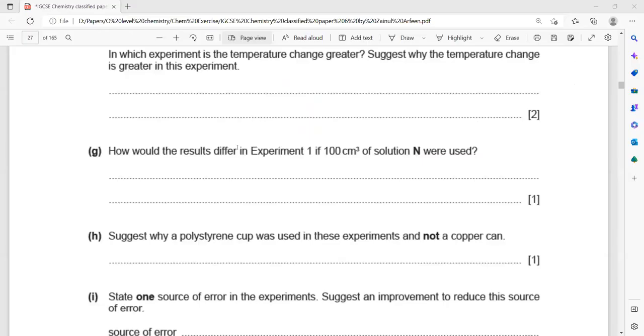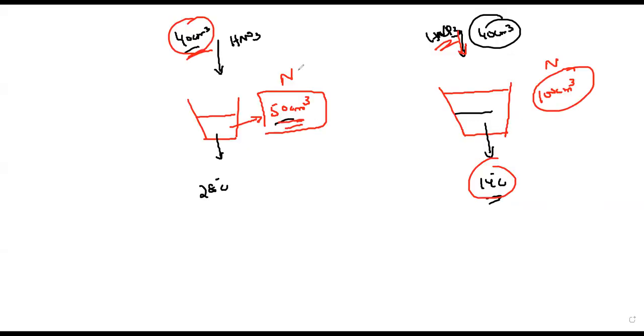So how does the result differ in experiment 1? If we use 100 cm cube of solution N, the temperature change will be smaller. If we want the same temperature change, and we double solution N, then we should double the nitric acid.